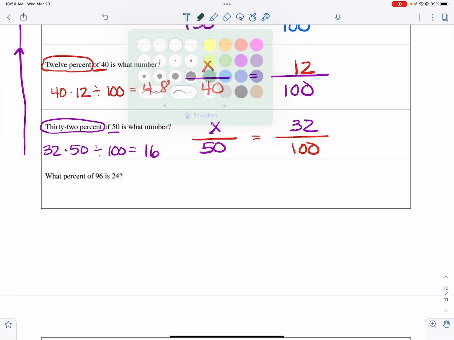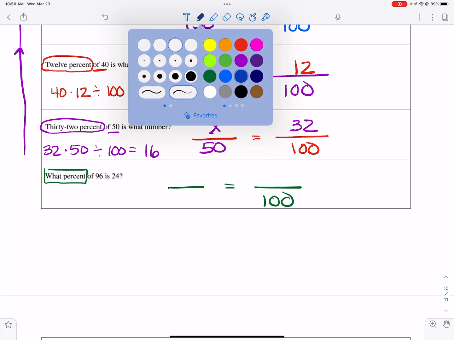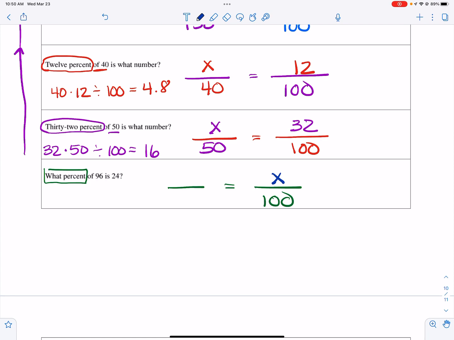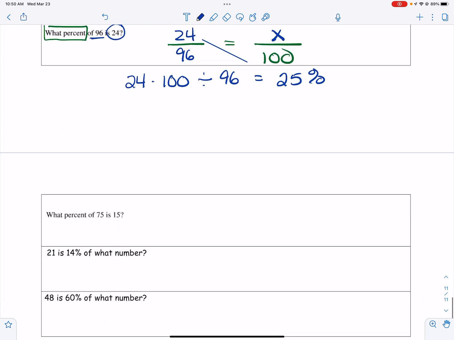So now we do this one. What percent? So blank equals blank over 100, and what percent goes right there? Of 96 is 24. So now we're going to do this multiplication. 24 times 100 divided by 96. And now this is the only one that requires a percent sign, so 25% is the correct answer.